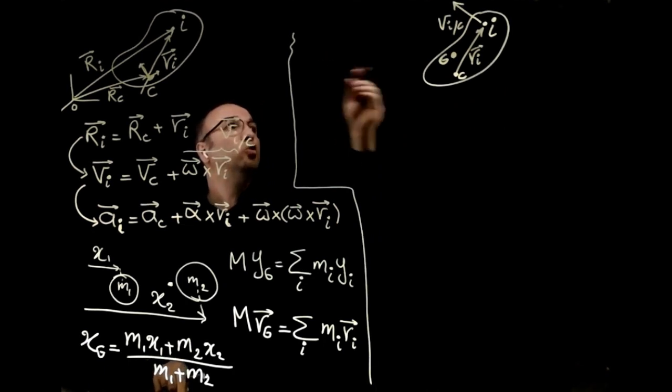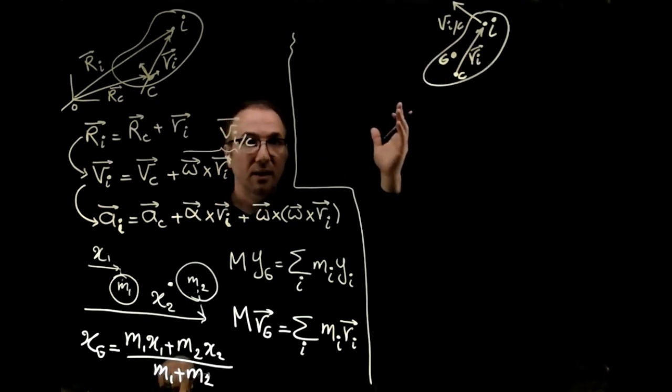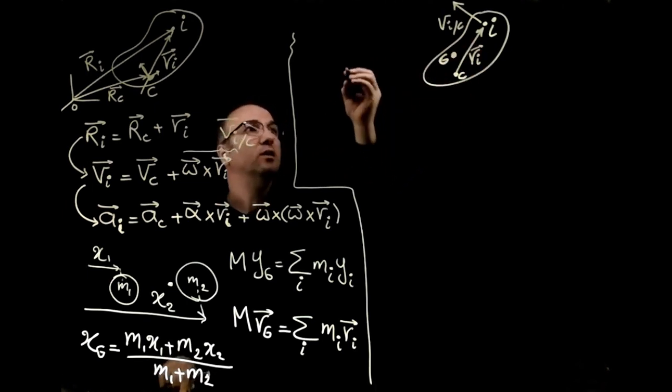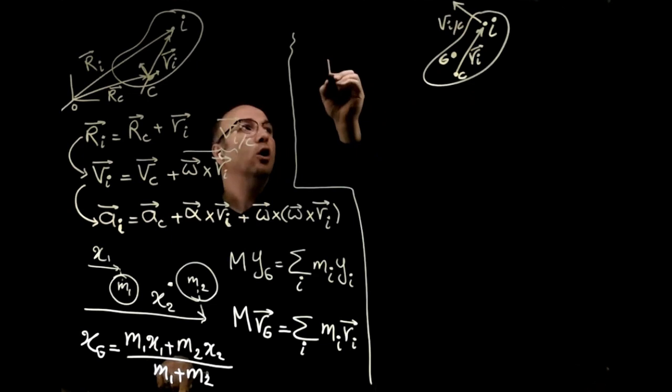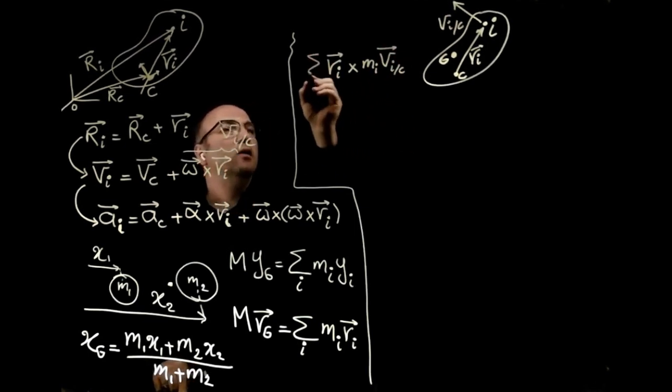I would do the moment of this relative velocity times mass, which is linear momentum relative to C. So I would write it as Ri cross product with Mi Vi with respect to C, and I sum it over i.